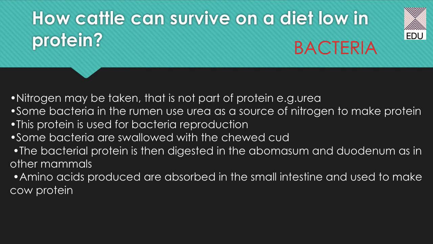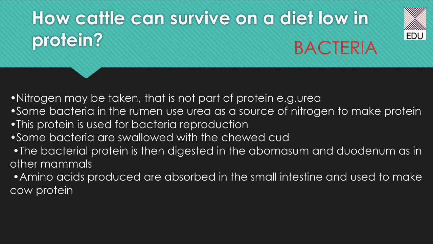Bacteria are taking up glucose, bacteria are using urea for making protein, and the cow is eating these bacteria as food. Some of the bacteria will go along with the food, and the proteins of these bacteria will be digested, and the amino acids will be used for making cow protein. So this is a very important point.